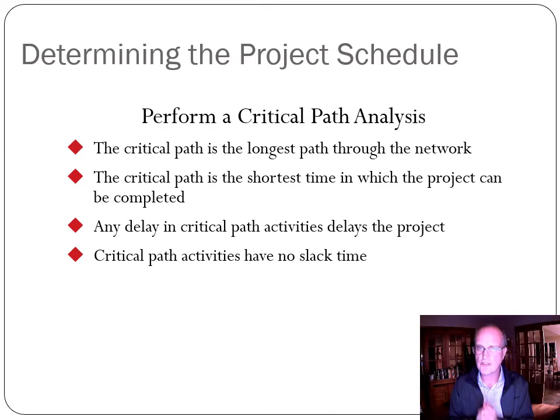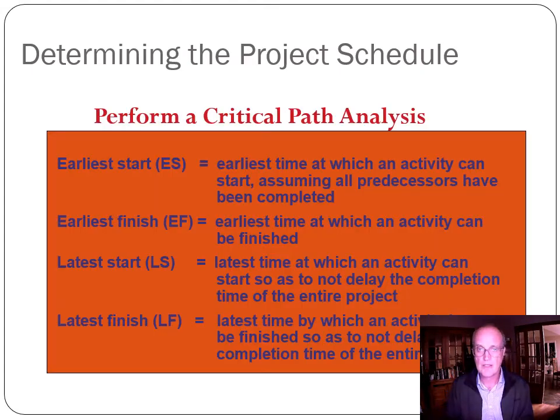And the way we determine the critical path, and there can be more than one critical path, as I said before, is that the critical path activities have no slack time. And slack time means there's some buffer. There's some ability to take a little bit longer if necessary, or reallocate resources from there in order to keep the project on time. So how do we do that? We have four key concepts that we need to understand in forming that critical path.